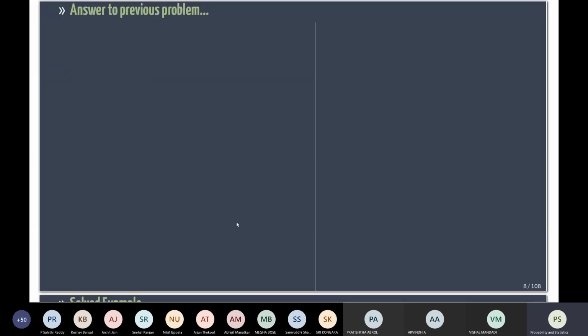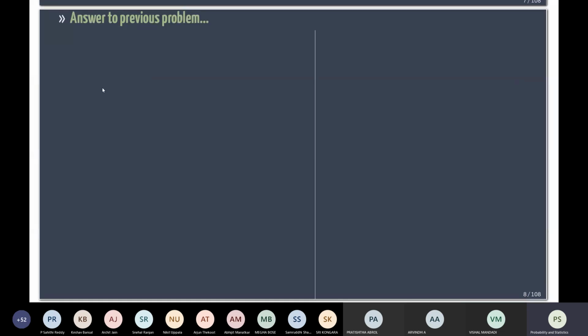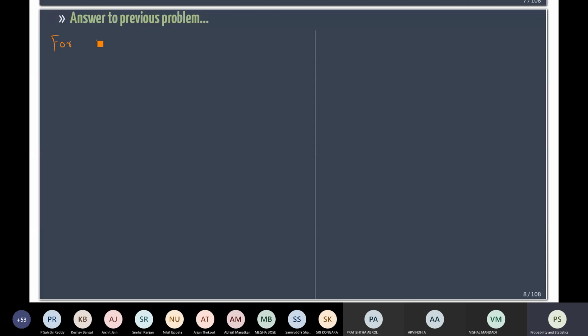So let us see. This is the PDF, and if I want to compute the marginal with respect to x, I will integrate it with respect to y. The region of the integration is also given to us. For 0 less than or equal to x less than or equal to 1, this is the range for x. The marginal that we want to get will be integrating out the y.